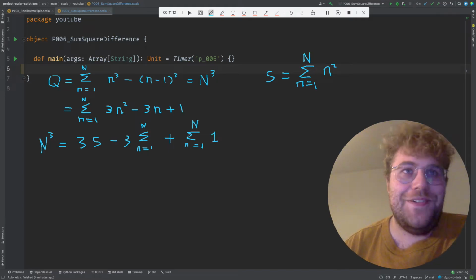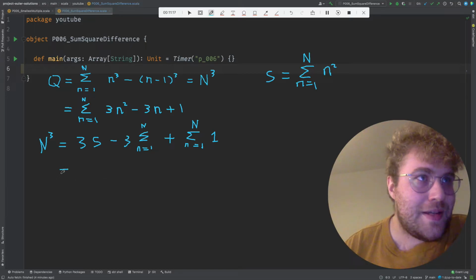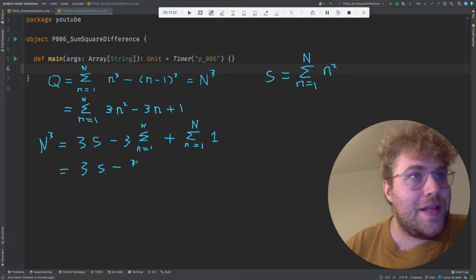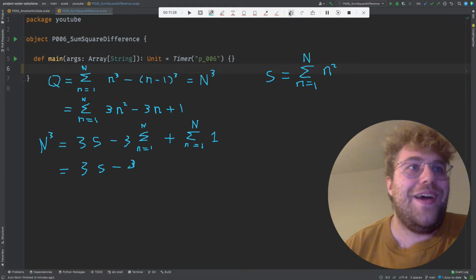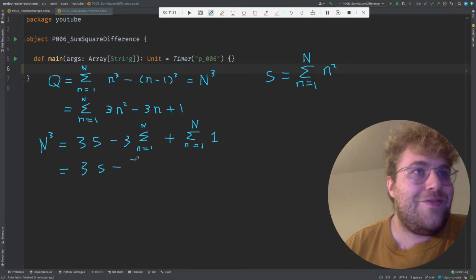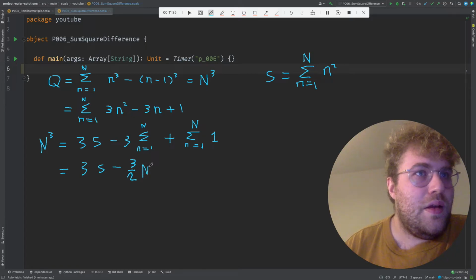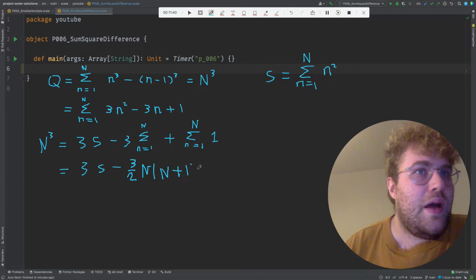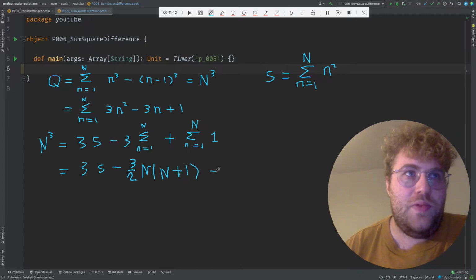This term's quite important because you're summing 1 N times, so that is just equal to N. So the next line is n cubed is equal to 3S minus... see, nearly made a mistake there. That's a 3, believe it or not. We can draw a better 3 than that. 3 over 2 times N(N plus 1), like this. Lovely. And then we're also going to add on this N from the last term.